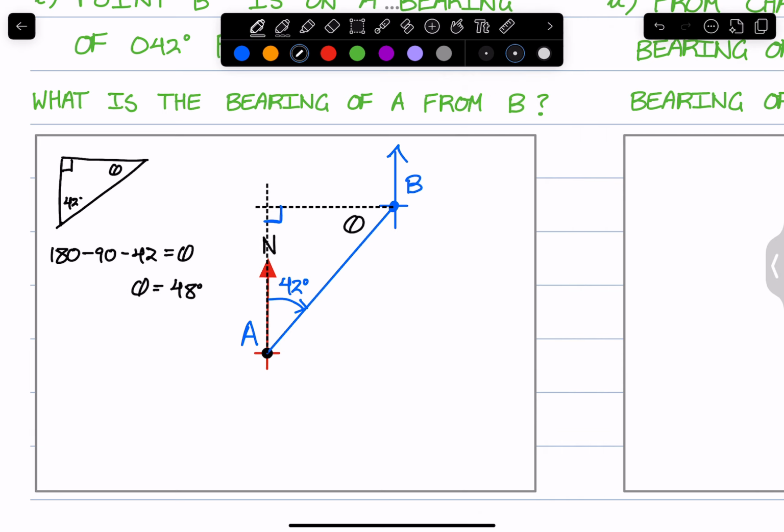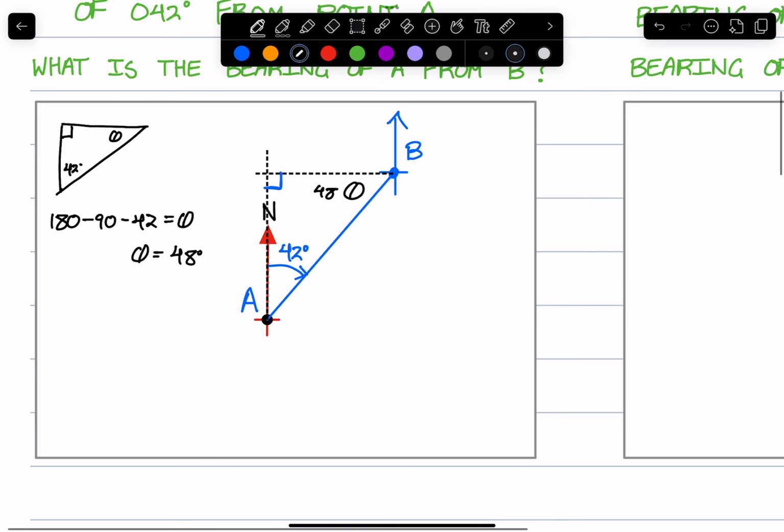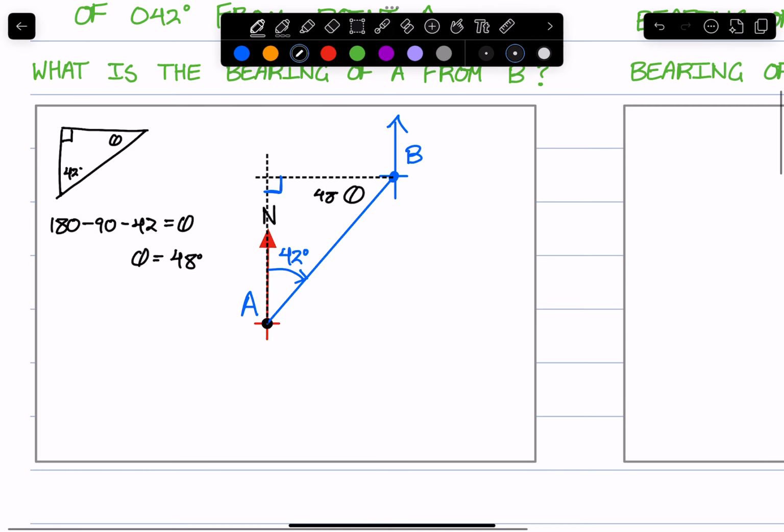So since we now know that that is 48 degrees, we can now give one of two answers for the compass bearing. Well, the compass bearing here, we can find this angle now.